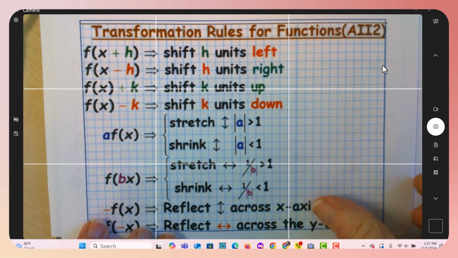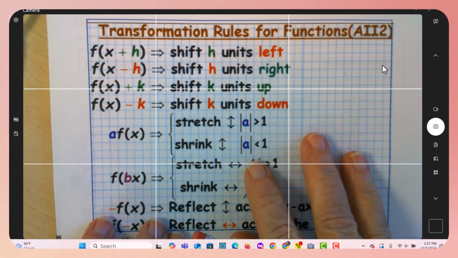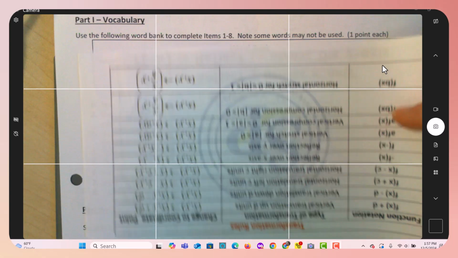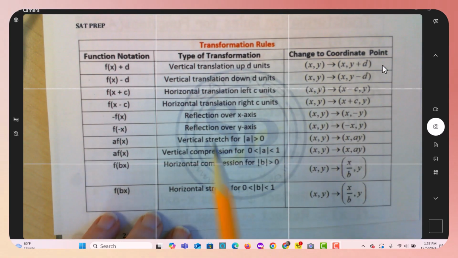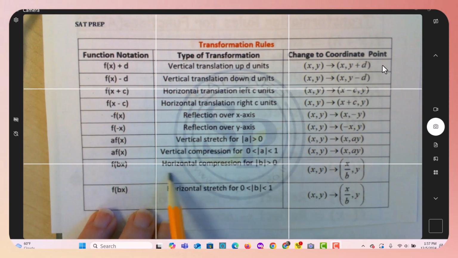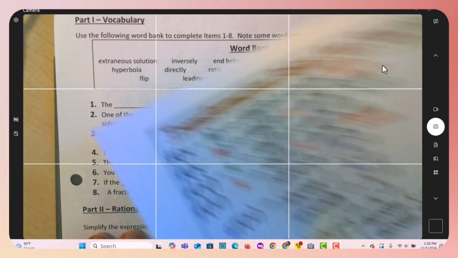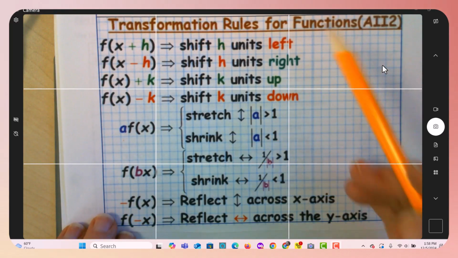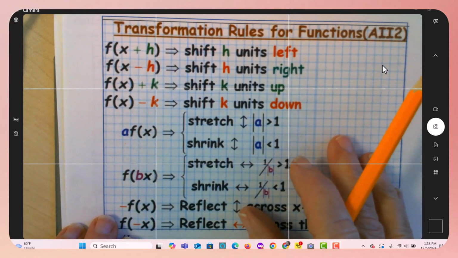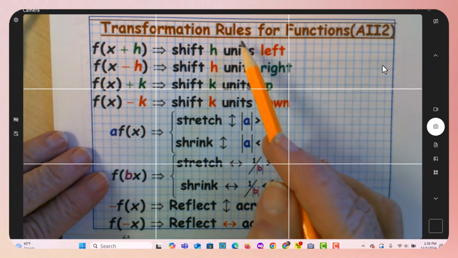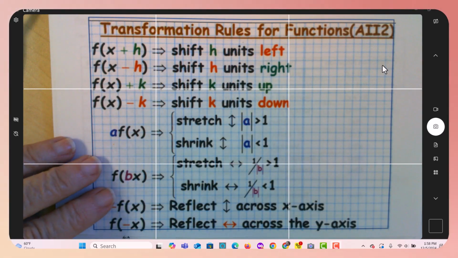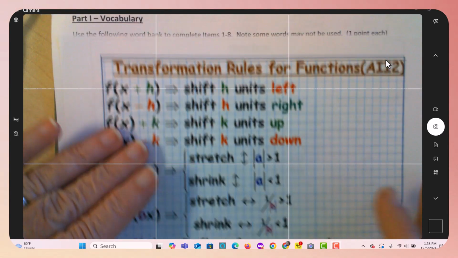I've printed it on the front this way, colorful, and then on the back, this comes from the SAT Prep book. So whatever way that you like to look at this, maybe a little more detail on the SAT Prep side. But we've looked at functions, and now we're going to try to go back and talk about those transformation rules for functions.